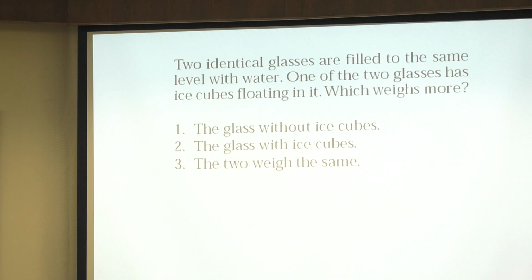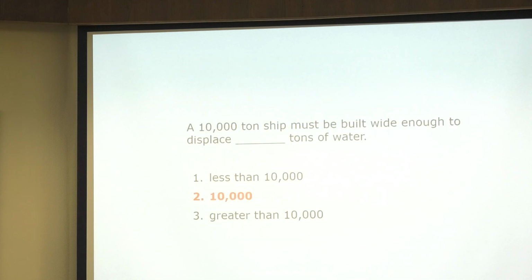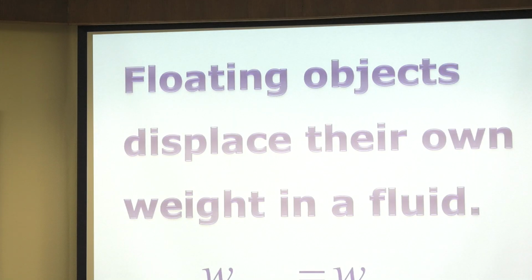Okay, now we're back. So, the water with the ice cubes. The ice cubes are displacing some water, correct? And we know that the weight, well, I keep repeating myself: floating objects displace their own weight in a fluid.